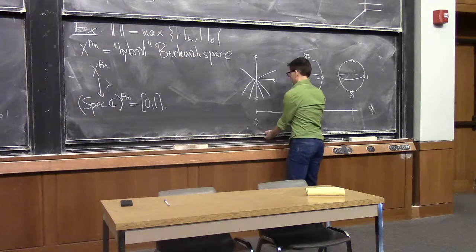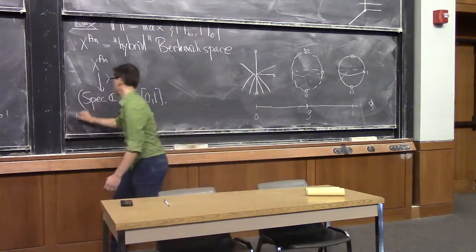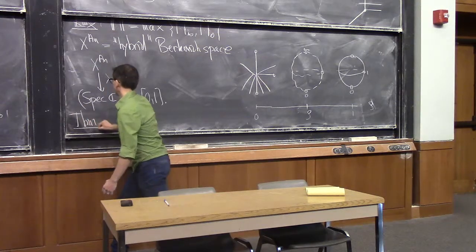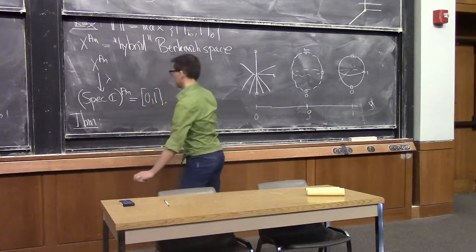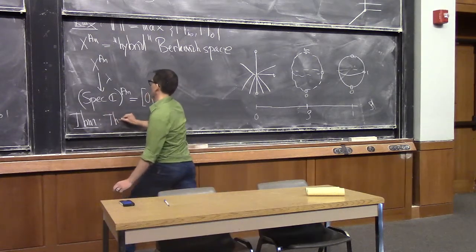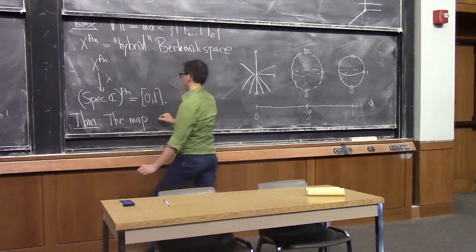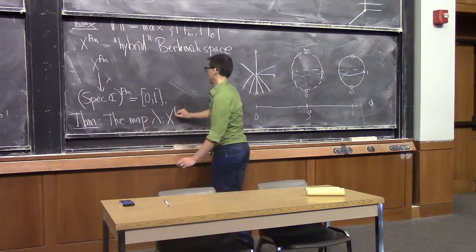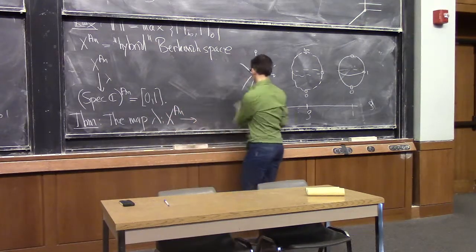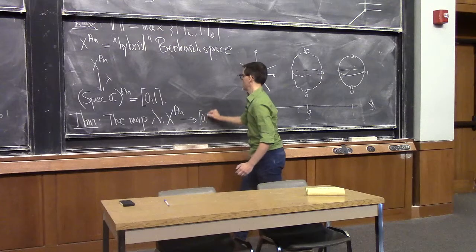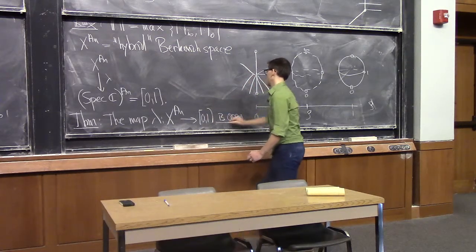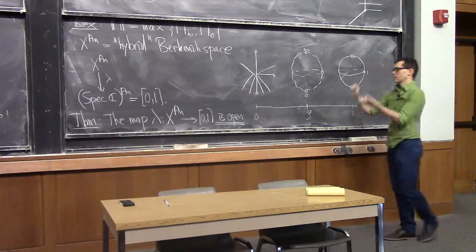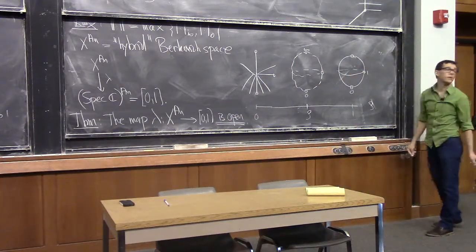All right, so now, what you need to prove here is, okay, so let me fit it here. So here's a theorem that implies what I need for the other theorem, and it is that the map lambda from Xn to [0, 1] is open. I mean, it's not the only thing you need to show, but it's open as just a set. The image of open sets are open.